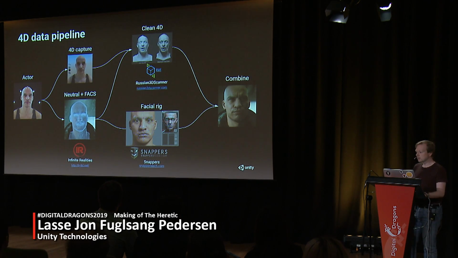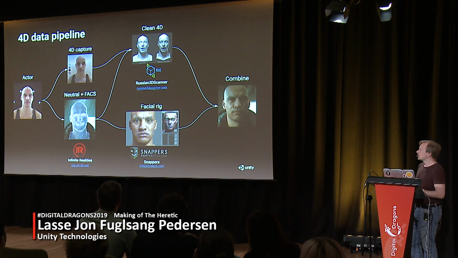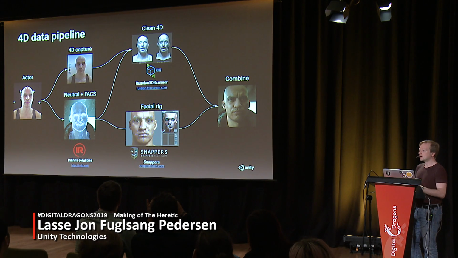So here's an overview of the 4D pipeline. We have the actor's performance. A 4D capture was done, and a high-quality neutral and FACS pose were produced by Infinite Realities. Then Russian 3D Scanner, another vendor, helped us clean up the 4D, and Snappers helped us build a facial rig.